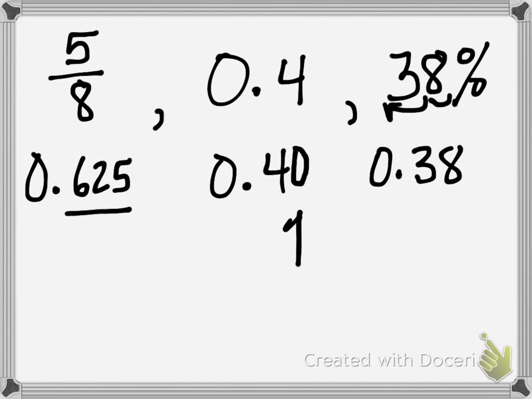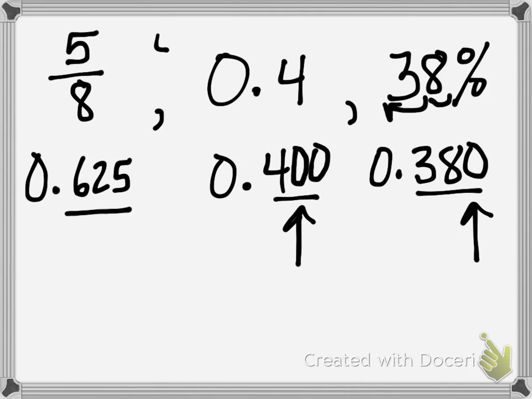But just like we added this 0 in here, it's no problem to add another, and we can add one over here just to make it so that all of our decimals are the same physical length. And adding that 0 on the backside doesn't change the value. And now I'm looking at 625 thousandths, 400 thousandths, and 380 thousandths. And now it's pretty easy to see which one is the largest or smallest.